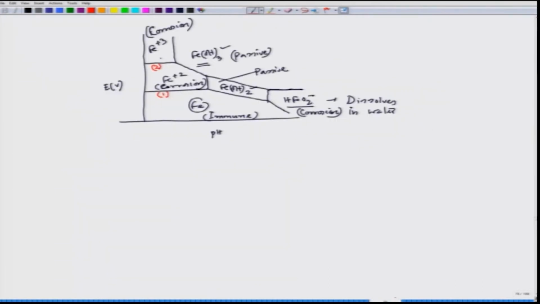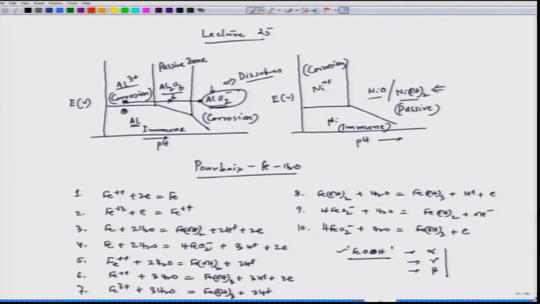So, this is 3, this is 4, this is 5, this is 6, this one is 7, this one is 8, this reaction is 9, and this one we can write as 10. So, if you go back and see all those reactions, 1 to 10, we have indicated those.